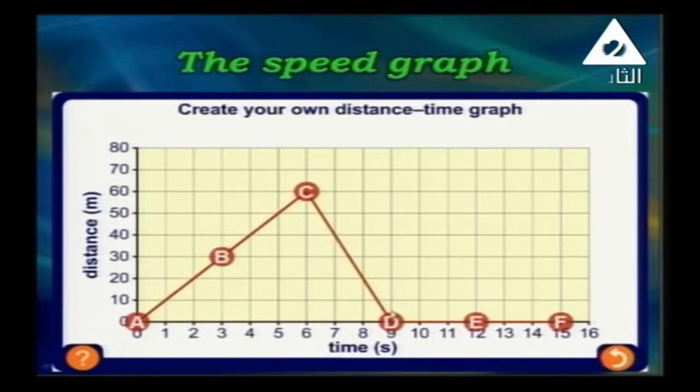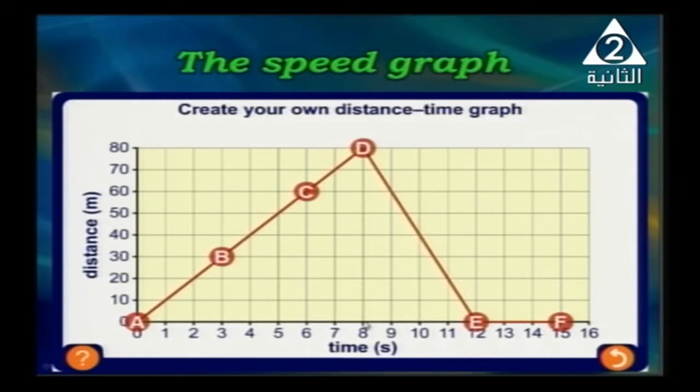If I have another one, for example here 8 and 80, this is also still a straight line. This is D, 8 and 80. 80 divided by 8 means 10 meters per second. So this is the first part, about the distance-time graph to represent uniform speed.